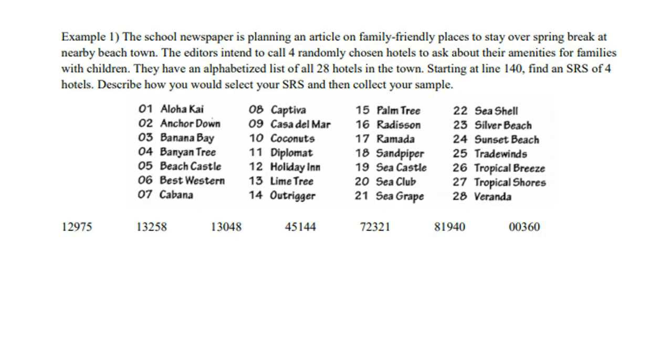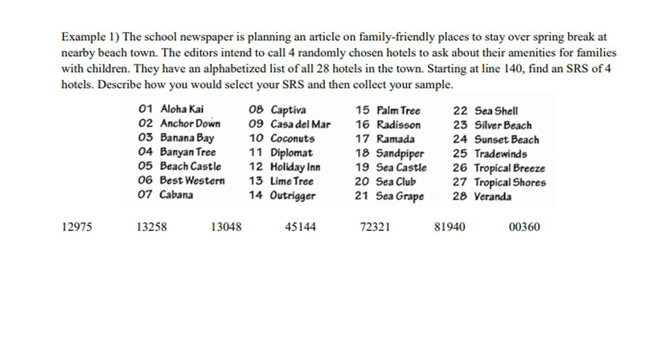You see the list of hotels there. They alphabetized it, and then they gave them numbers. Since there are 28, they just went from 01 up to 28. Then they took a random number sheet, went to a certain starting line, which in this case is 140, and they're going to take groups of 2.